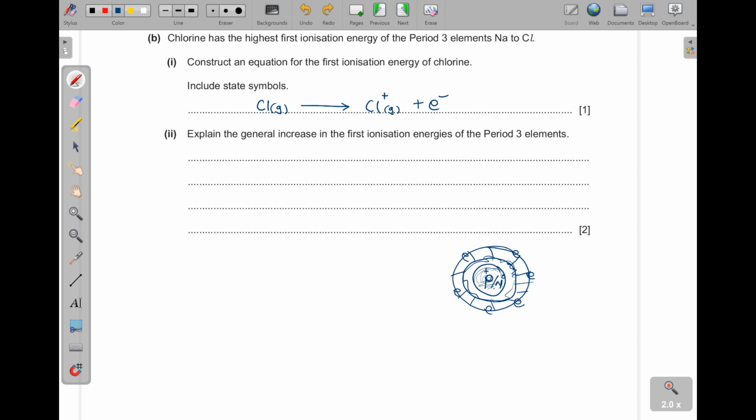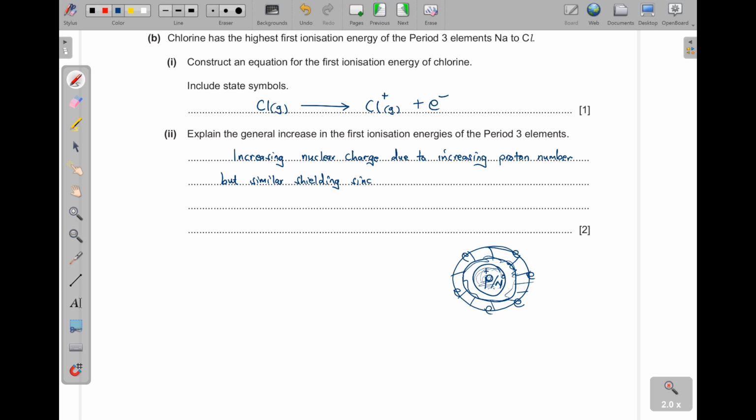So what will I say here? Increasing nuclear charge due to increasing proton number, but similar shielding. Why?